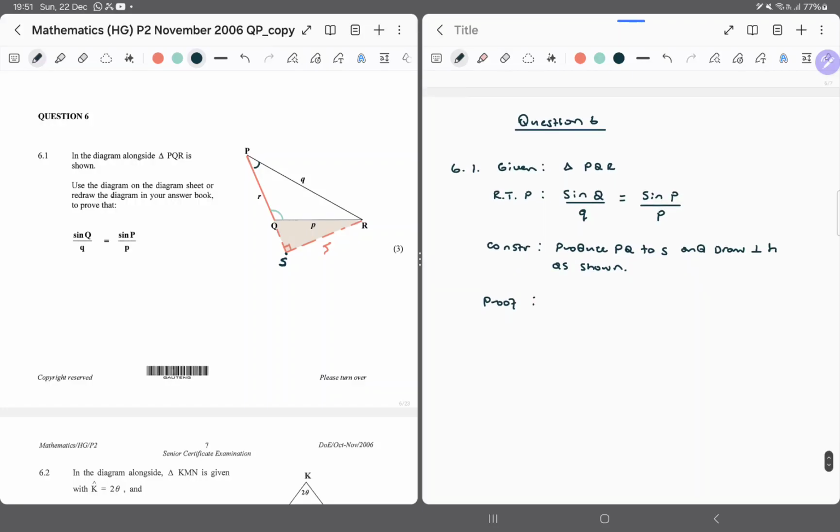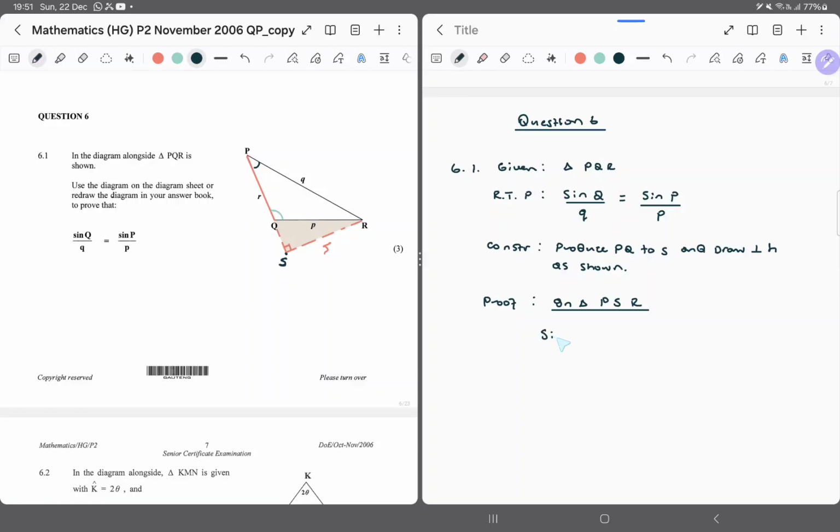The proof says, we can look at a particular triangle. The best is to look at the bigger one. We can say here, well, in triangle PSR, this is the one we want to look at. What do we know?